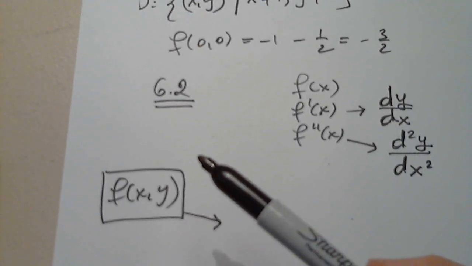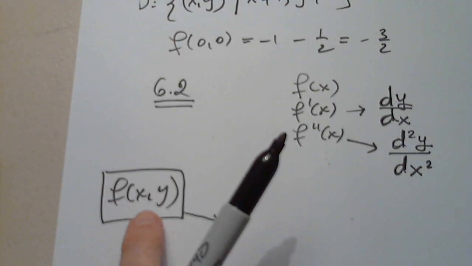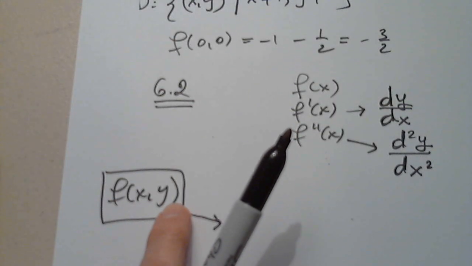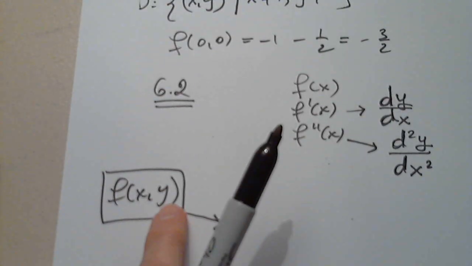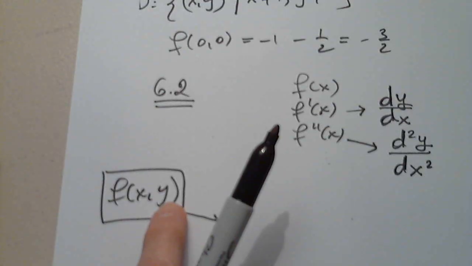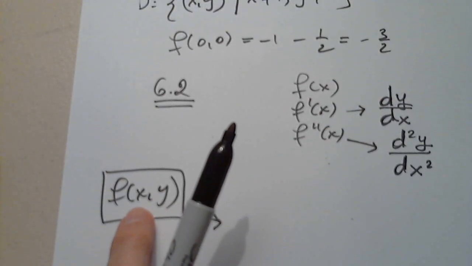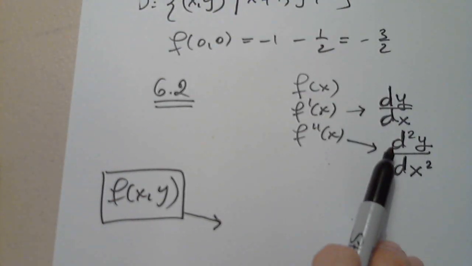I will differentiate the function with respect to x, but I have to think that y is a constant. I can differentiate the function with respect to y, but when I do that, x has to be thought about as being a constant. And the notation is different, although it's a cumbersome notation and we have a shorter notation.